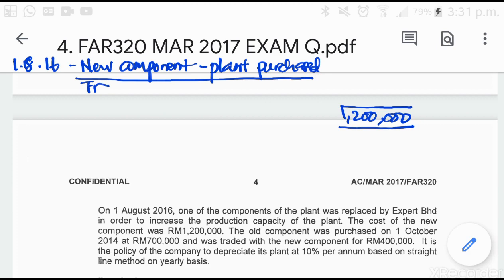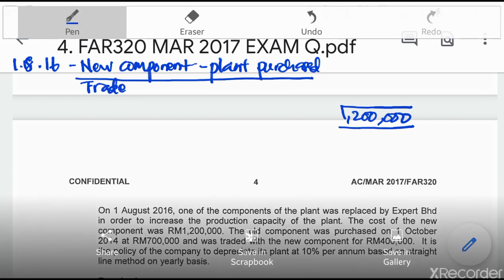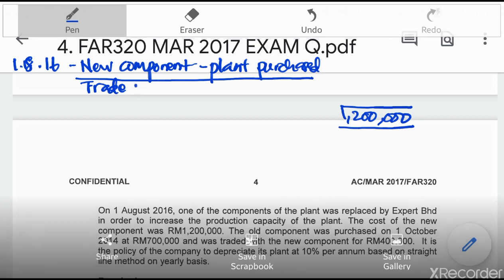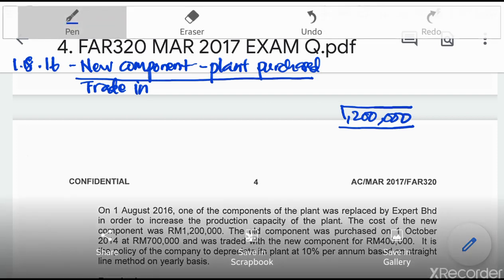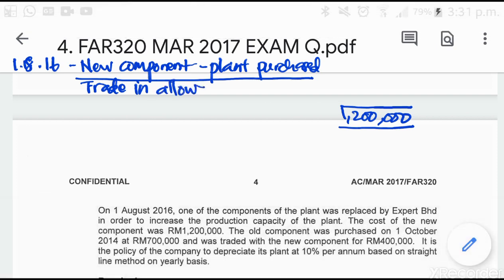So even though you have to pay 1.2, since you are selling your old item, there is a trade-in allowance given for the old component, and that was 400,000.